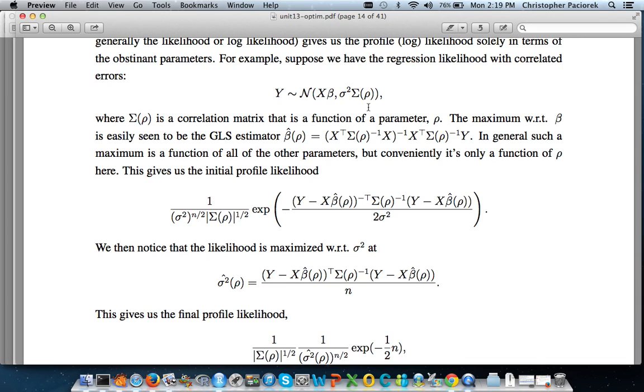Yes, beta hat of rho, and I'm denoting it as a function of rho because if we write down what it is, it looks like a generalized least squares estimator for those of you who've seen this before. So we've got x transpose sigma. I'm switching back and forth in my notation between a subscript rho and a function of rho. I don't mean anything substantively by that.